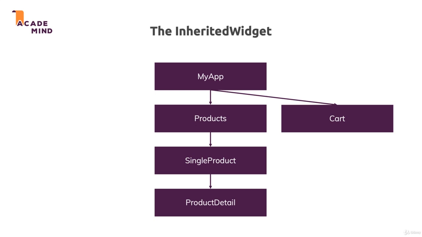Now, if we need some information that's managed in the state of my app in our product detail widget, then we in the end have to pass that data down through all the widgets all the way down to the product detail widget. And that's what we're currently doing in the app. Now, depending on the size of the app and the layers of widgets you have, this may or may not be a problem.